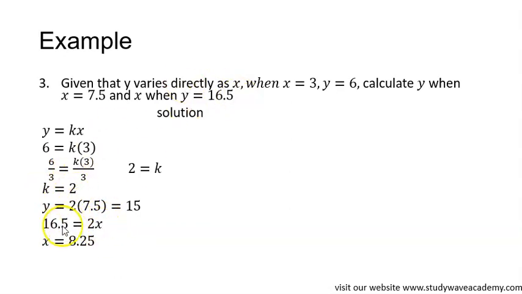We divide both sides by 2 to isolate x. So 16.5 over 2 = 2x over 2. 2 cancels 2, we are left with x, and 16.5 over 2 will give you 8.25. I hope you are not confused.